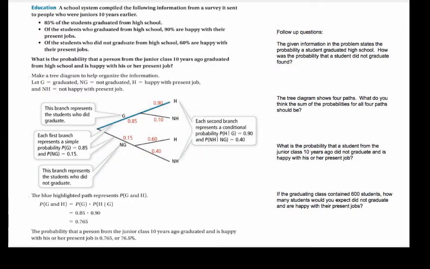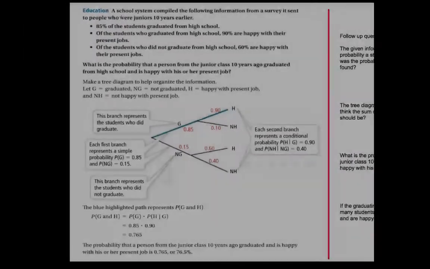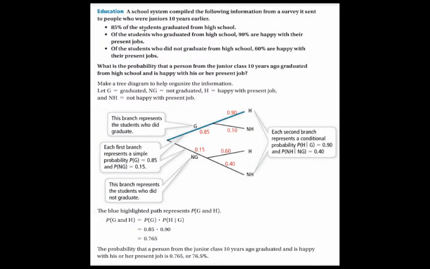So here we have an example, and we have a lot going on here. Let me drop a line here just to keep it separated. Let's take a look to the left of the line here. A school system compiled the following information from a survey sent to people who were juniors 10 years earlier. 85% of the students graduated from high school.